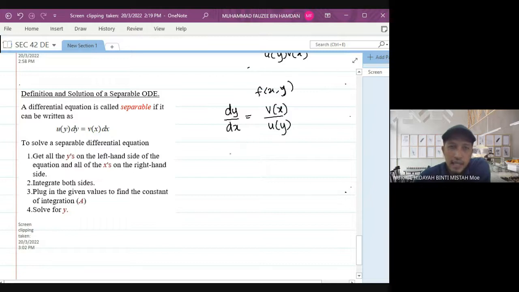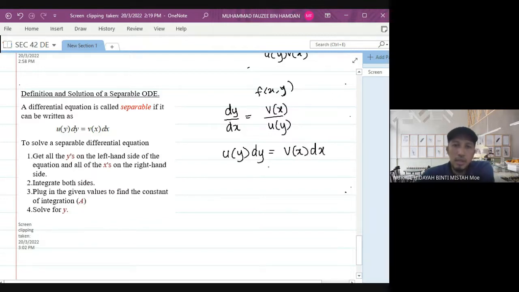So the next step, we just separate. We put every term containing y on the left side of the equation, and the terms that involve x, we put on the right hand side. So we write like this: u(y) dy equal to v(x) dx. This is the second step.